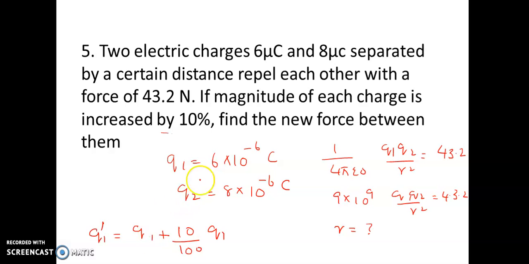So substitute here 6 into 10 to the power minus 6 plus 10% of this. 10% of 6 എന്ന് പറയുമ്പോൾ 0.6 into 10 raised to minus 6. അപ്പോൾ നമുക്ക് 6.6 into 10 to the power minus 6 coulombs എന്ന് കിട്ടും. 6.6 micro coulombs എന്ന് കിട്ടും.